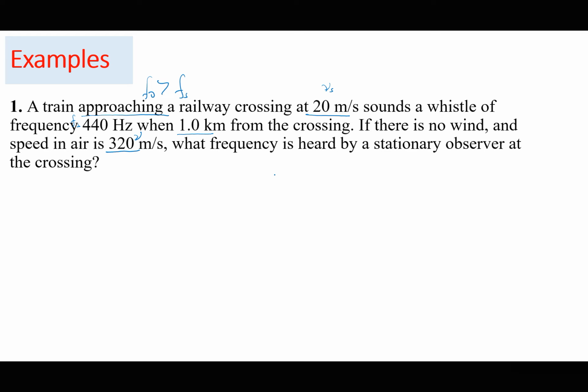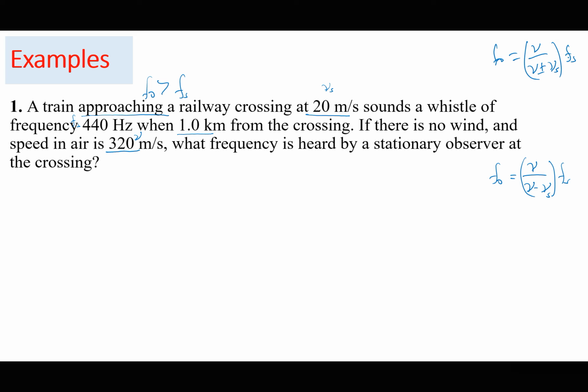So remember, it is moving towards, it is approaching. So the observed frequency f0 is equal to v, and if it is approaching, then we use a minus. So it is v minus vs, times the frequency of the source. Remember the general equation f0 equals v over v plus or minus vs times the frequency of the source.